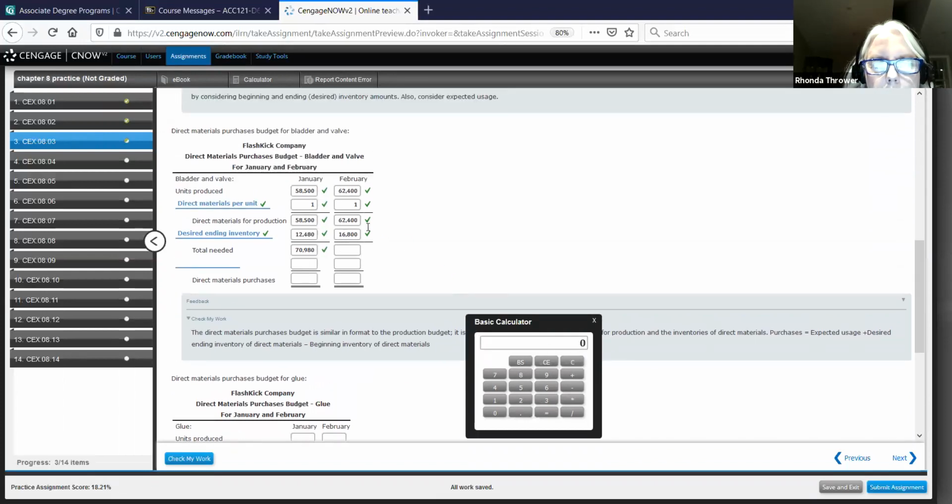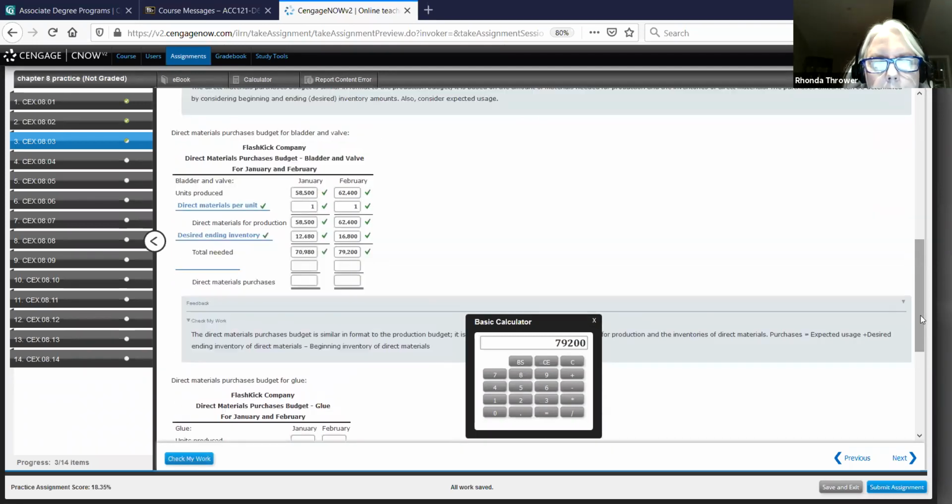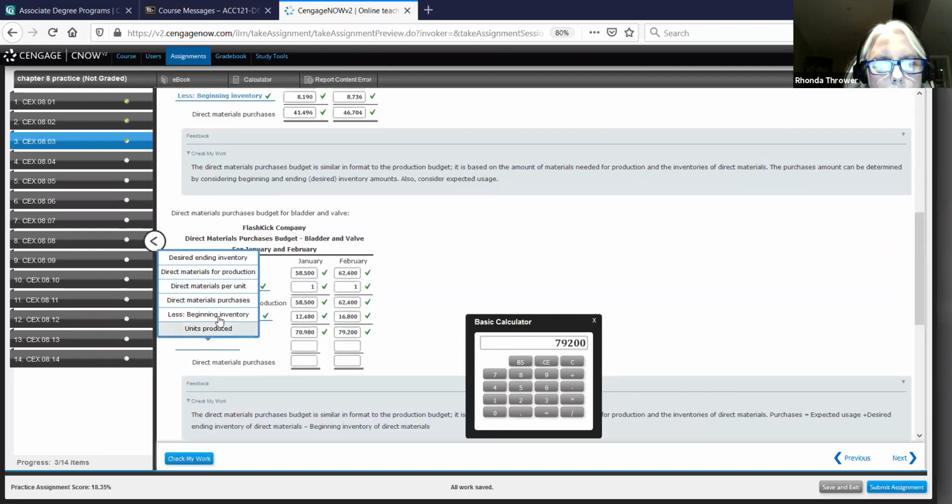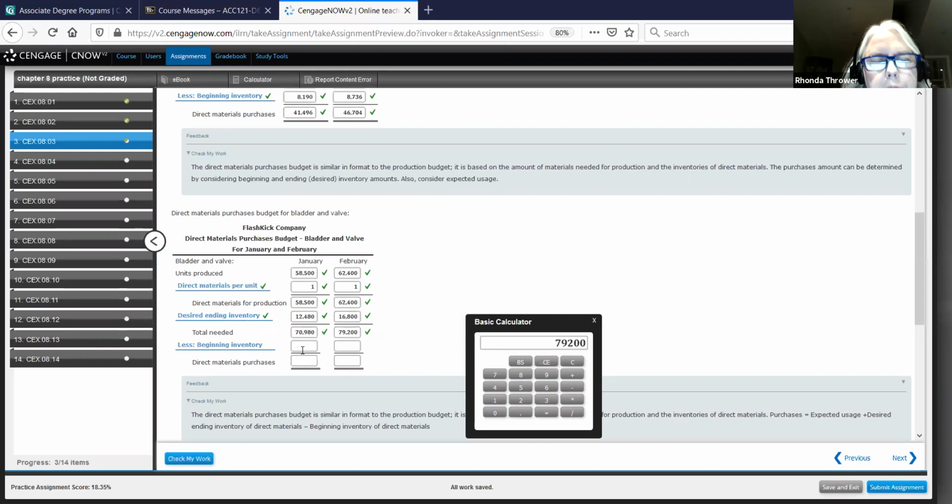And we're going to combine the two of these together. And then we're going to subtract out our beginning inventory. And our beginning inventory was based on last month's ending inventory.